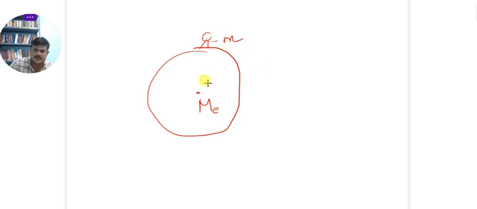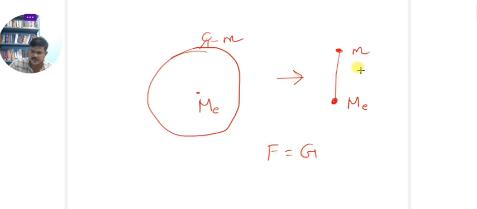Clear? And you feel your own weight on the Earth's surface. Here your mass is here and Earth's mass is here. This is a free body diagram. Newton's gravitation law says the attraction force between these two bodies is F equal to G M_e m by r square, where r is the distance between them.